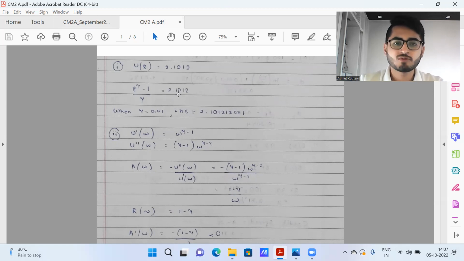So from there you can get to know you might be missing something. These questions at times help you to identify your errors yourself. A common mistake was starting with 8,000. When I started solving this question, I had taken 8,000, and then when I saw I'm not getting 2.1012, I checked and realized I had missed accounting for the fact that the utility function is taking values in thousands.